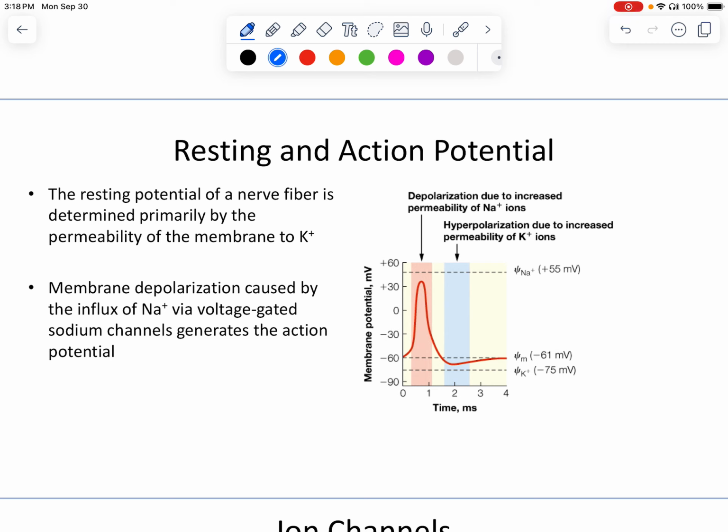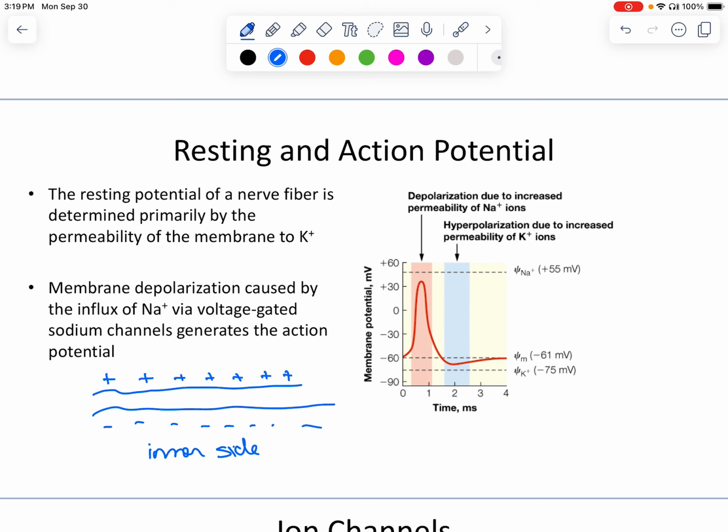If we think about a cell membrane along an axon, we've got on the inner side a bunch of negative charge, and on the outer side a bunch of positive charge. And we've got somewhere our sodium ion pump that we just looked at, and that's keeping this going.